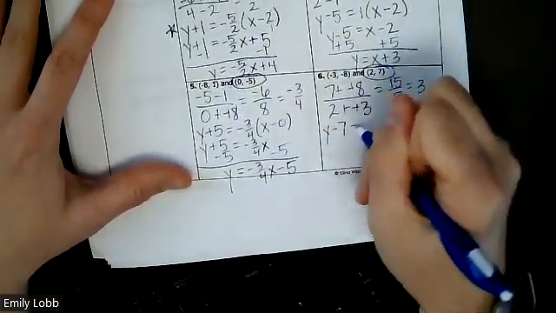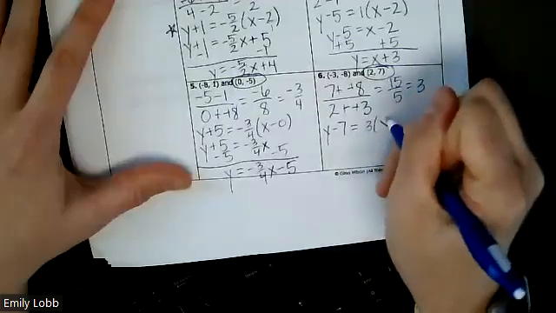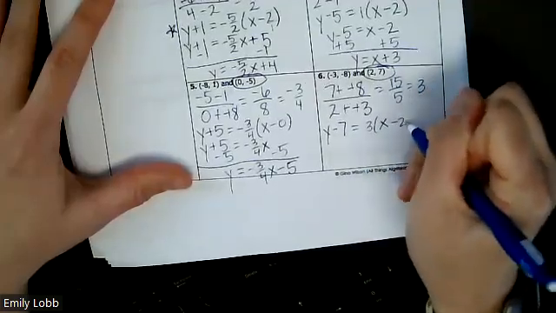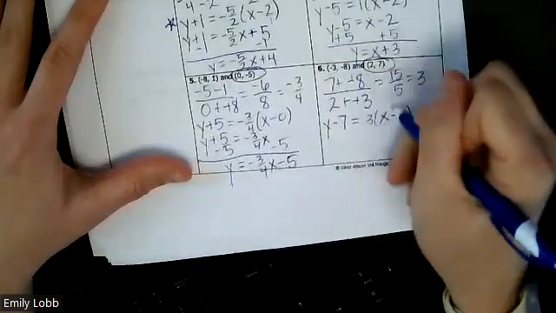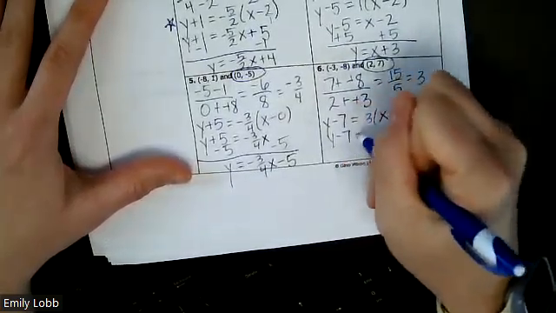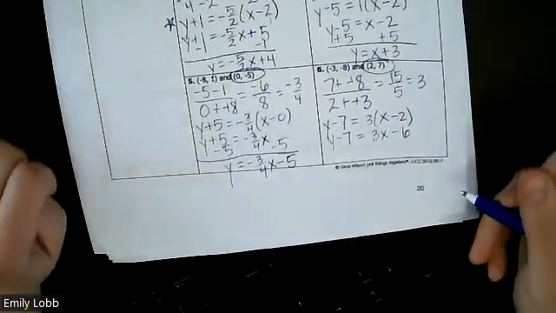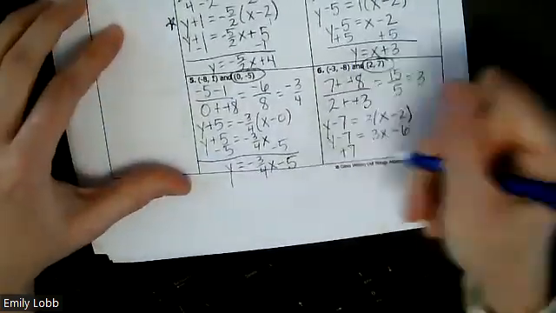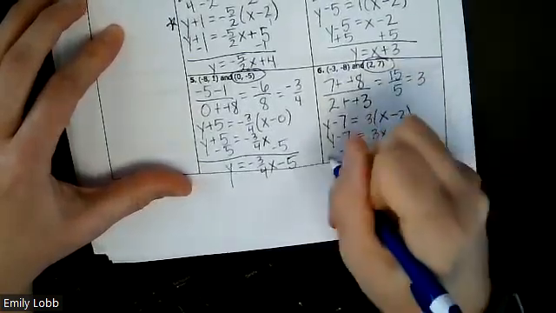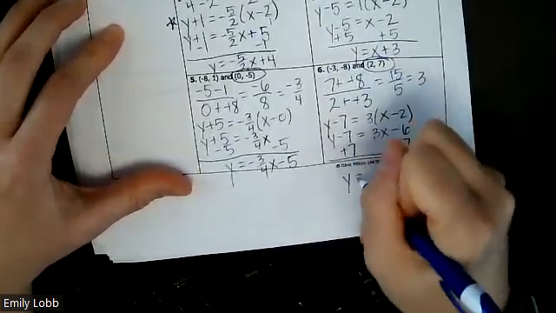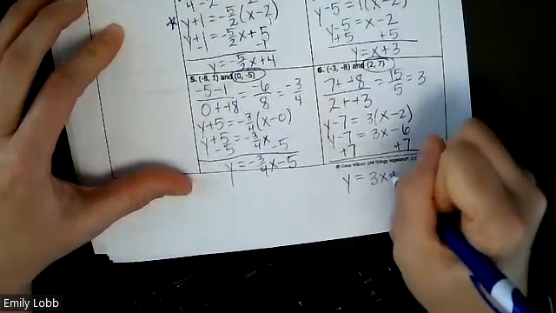Y minus the y value is equal to the slope times x minus the x value. We've got to distribute first. So y minus 7 equals 3x minus 6. And add 7 to both sides to get y by itself. So y is equal to 3x plus 1.